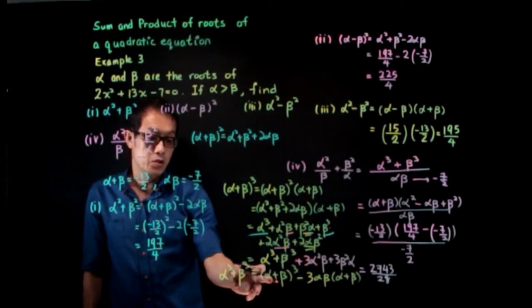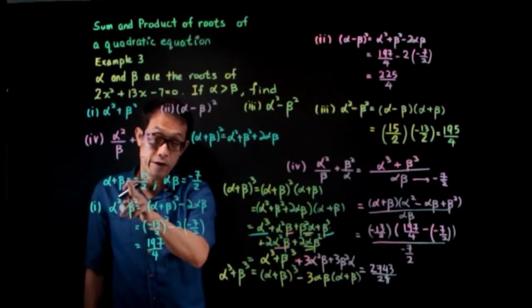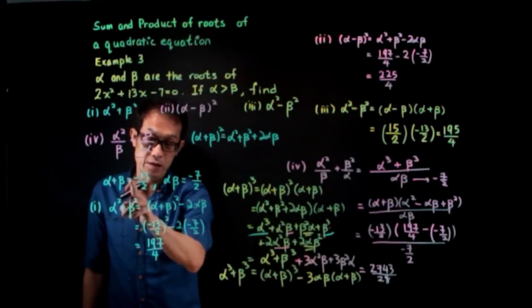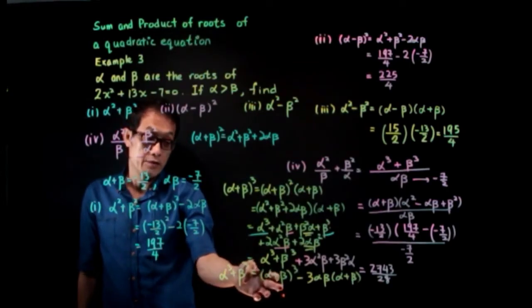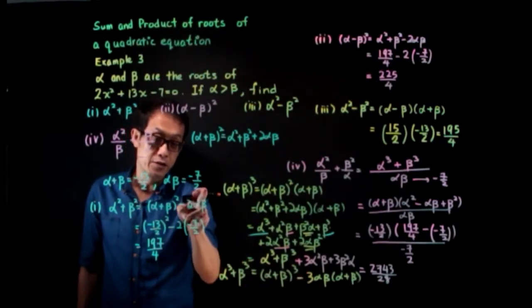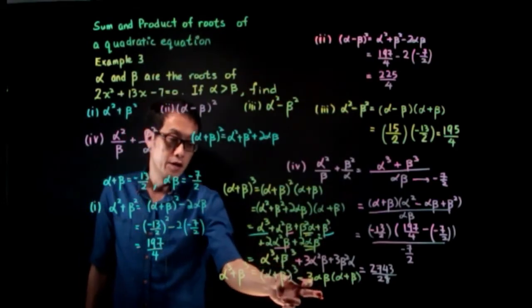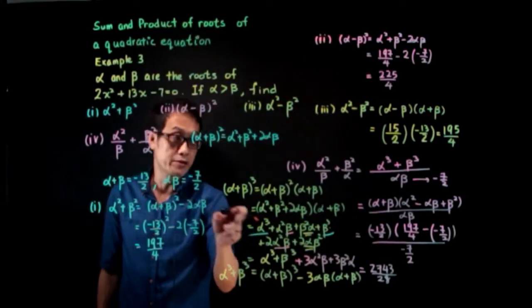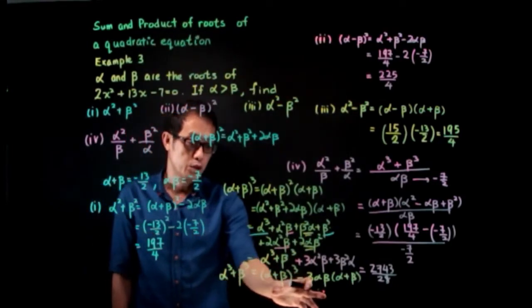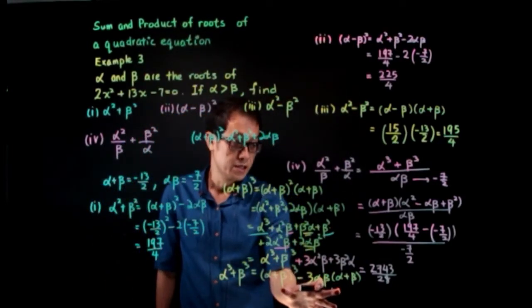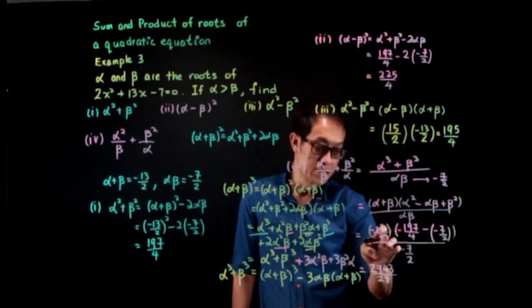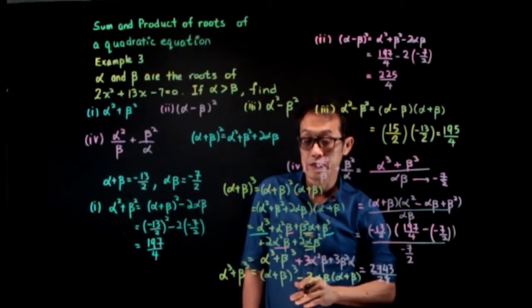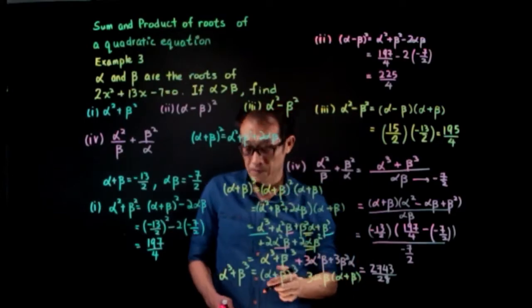So you know what is alpha plus beta cube, and then minus 3, you know this value, and then alpha plus beta, again you can substitute this value inside. So you will find that this answer will be exactly the same as the numerator of this.